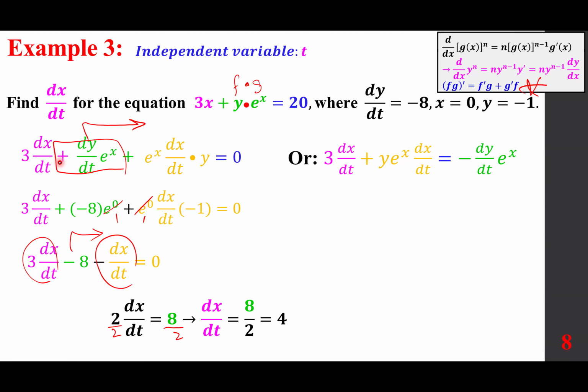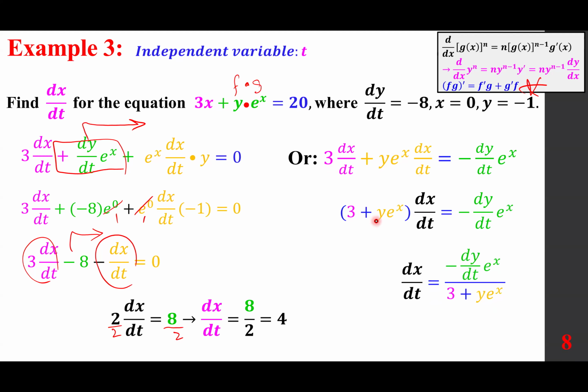On the left side, clearly dx/dt is in common, so it gives us 3 plus y e to the power of x when we factor the dx/dt out, and divide the right side by the parentheses, that gives you dx/dt. And obviously, if you plug in, you will get the same answer, 4, as we did already.